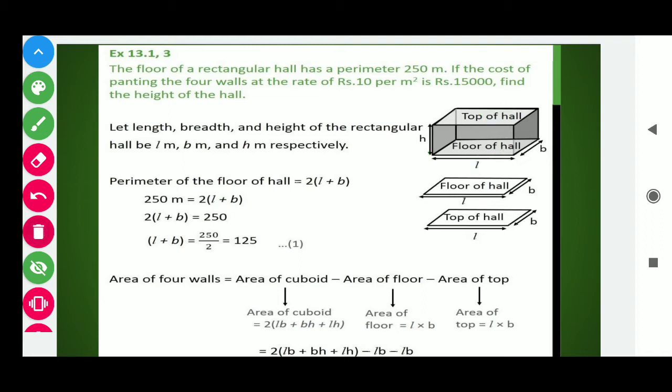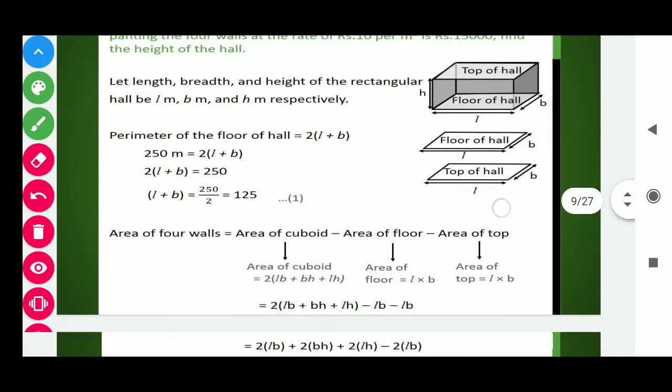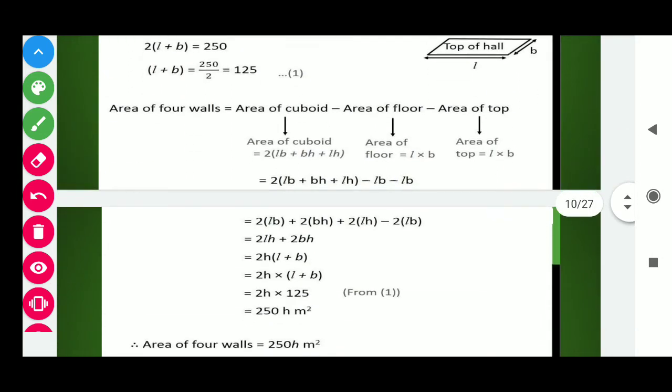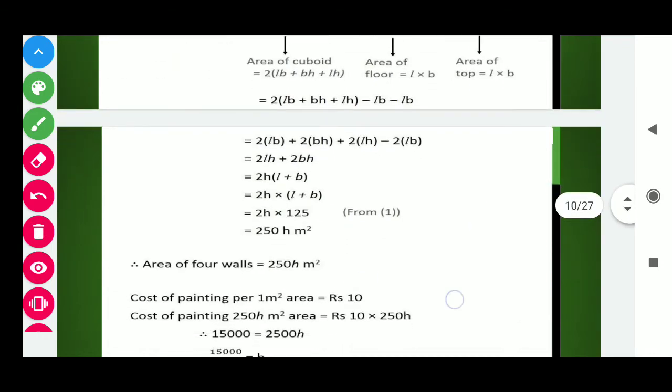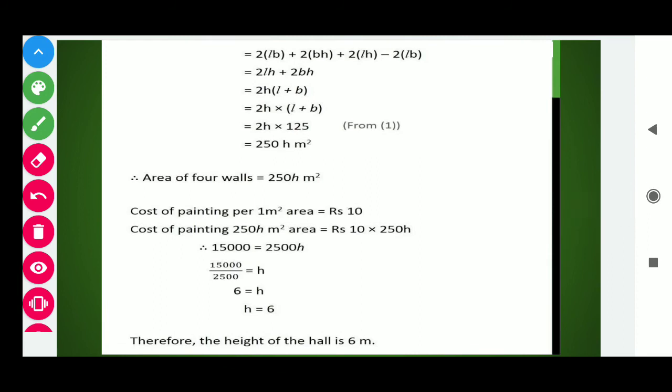The area of the floor is L into B and the area of the roof is again L into B. So we construct the formula as 2 into LH plus 2 into BH. Here we put the value of L plus B as 125. In this we get 250H, so area of four walls is 250H square meter.